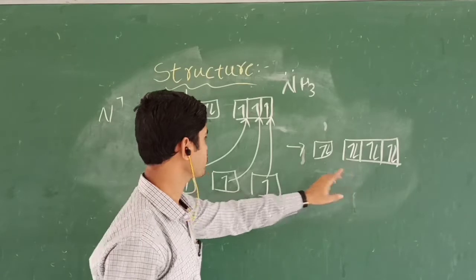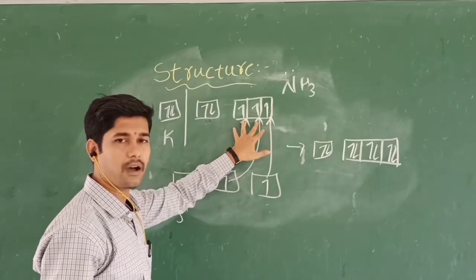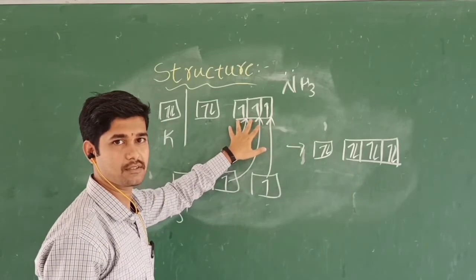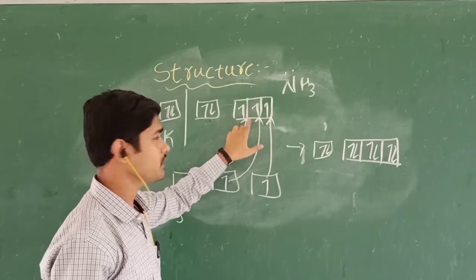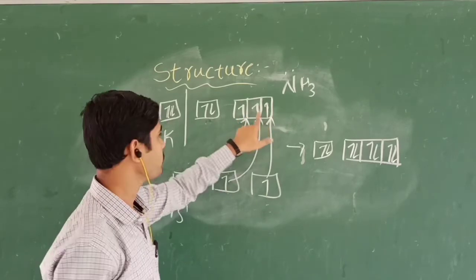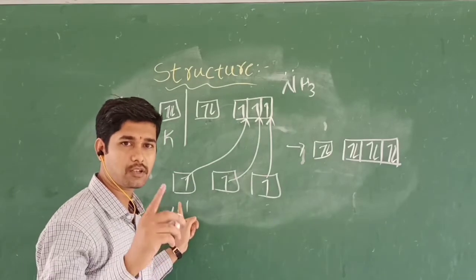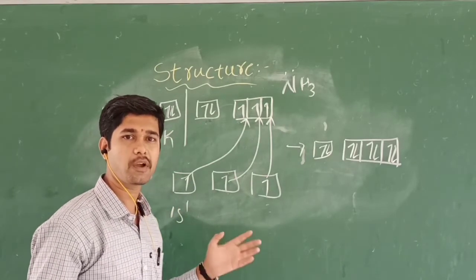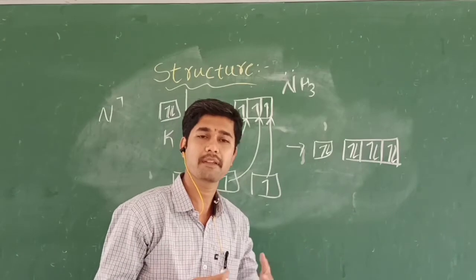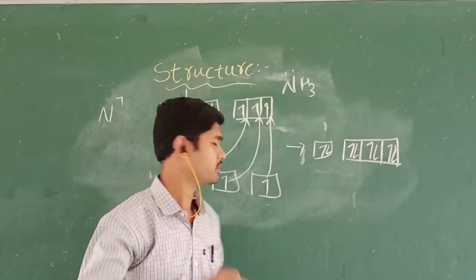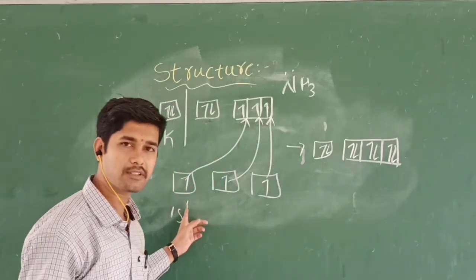Here there are unpaired electrons in the p orbitals. The 3 p orbitals of the nitrogen atom combine with the 1 electron in the s orbital of hydrogen to form a hybrid. Hybrid is nothing but mixing of orbitals. So how is it mixed here?